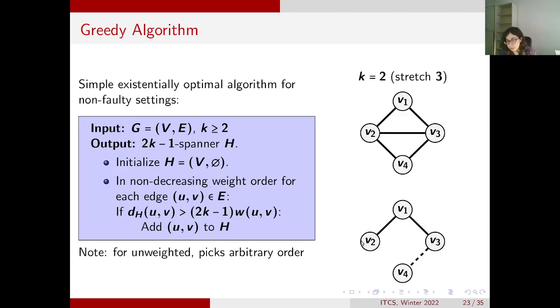V1 to V3, we don't already have a path of length 3, so we include it. Same with V3, V4, but when we get to V2, V4, there already exists a path of length 3, so we don't need to add this edge, and same with V2, V3. So we have a simple 3-spanner for this graph.